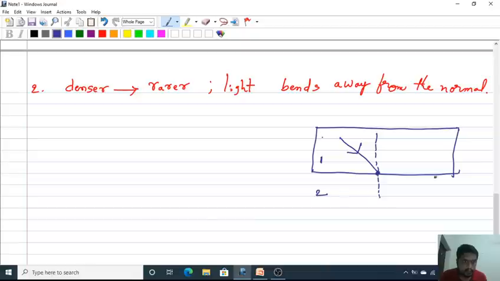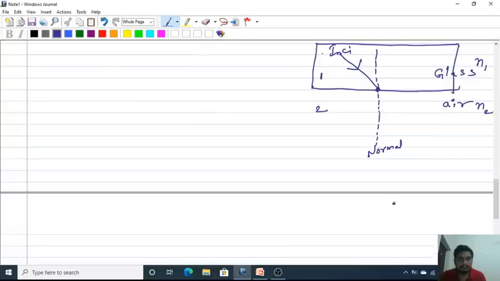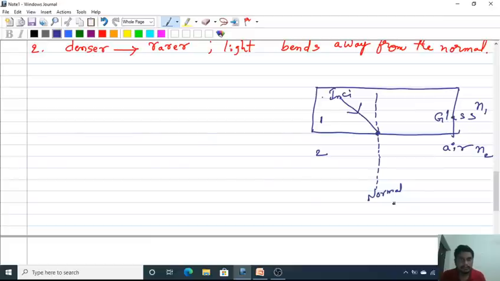This is the point of incidence. This is the first medium, glass, with refractive index n1. The second medium is air, with refractive index n2. This is the incident ray, and this is the normal, and this is the actual path of the light ray.